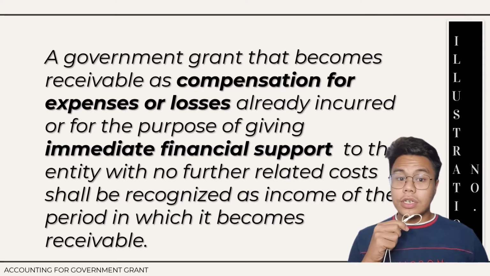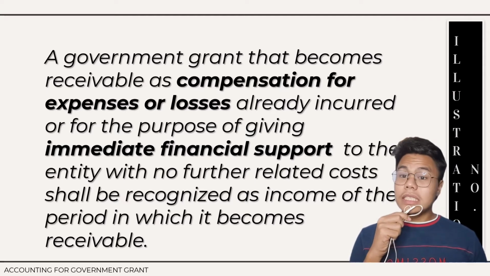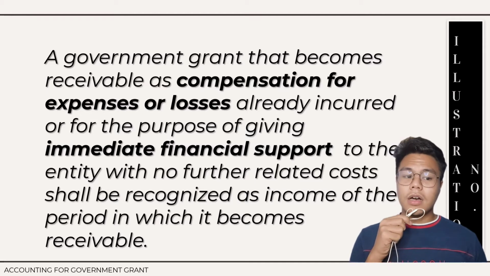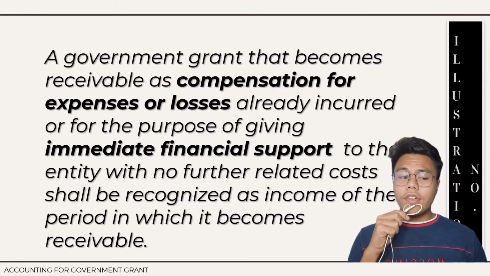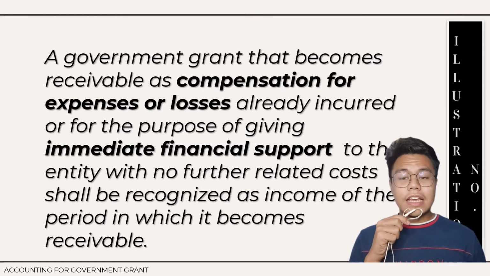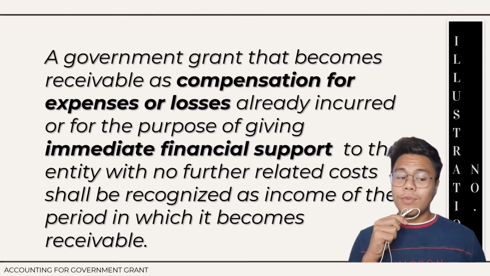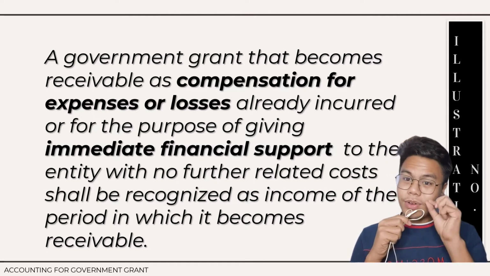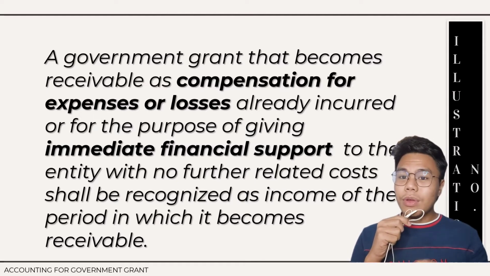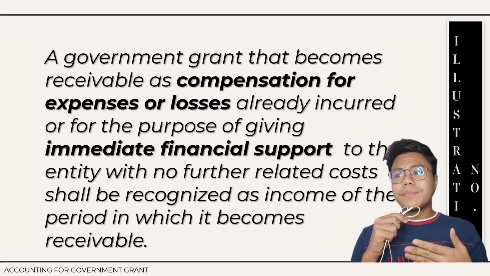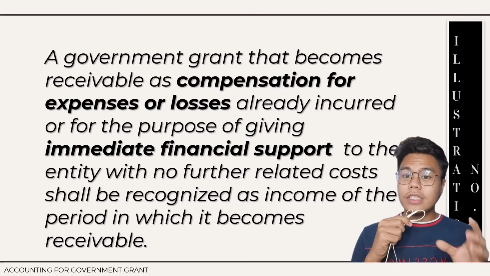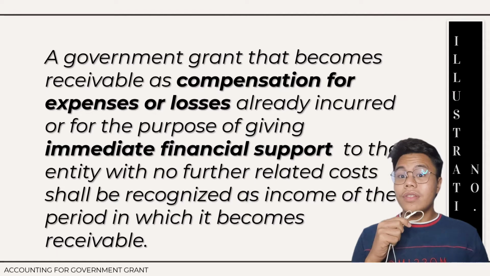For this situation, a government grant that becomes receivable as compensation for expenses or losses already incurred, or for the purpose of giving immediate financial support to the entity with no further related costs, shall be recognized as income of the period in which it becomes receivable. So it's usually for one period only, so it's very direct.